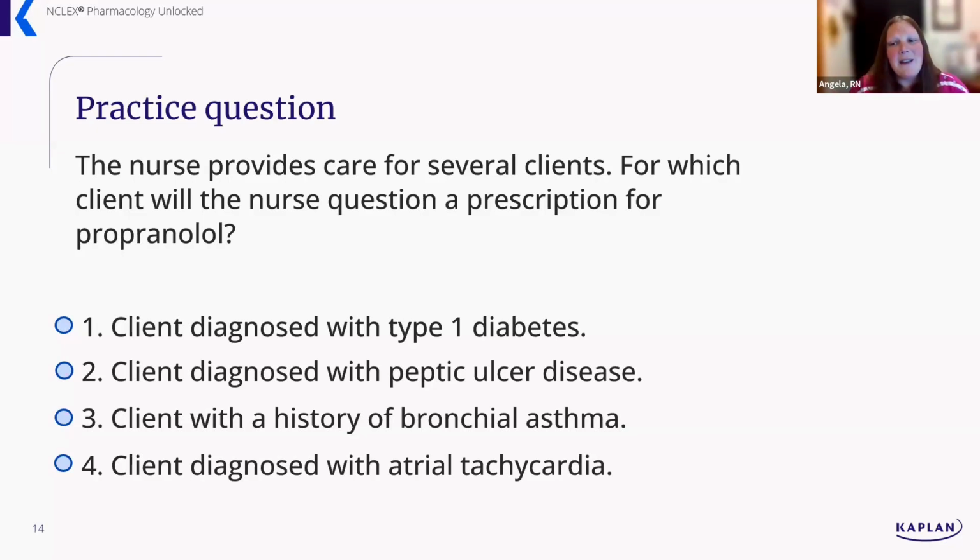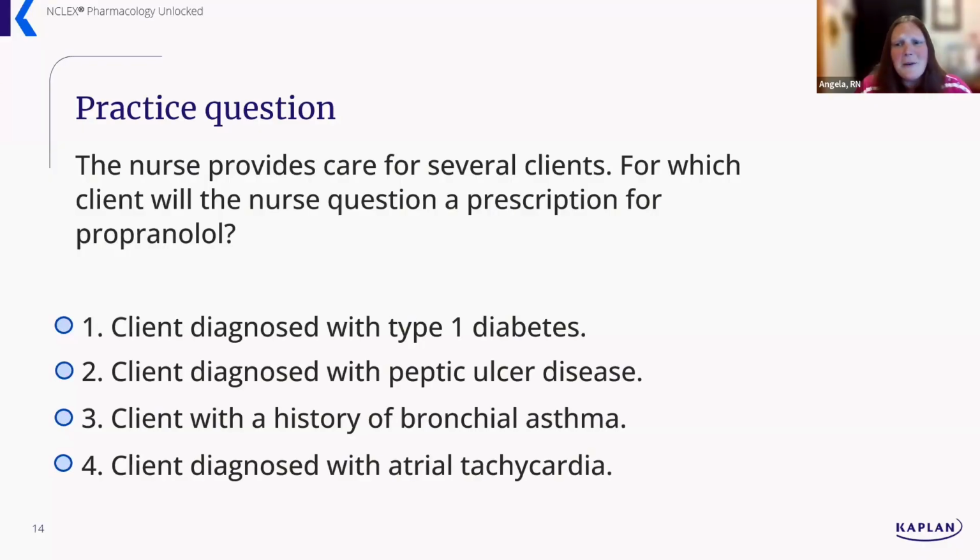You guys did fantastic. So we really confidently eliminated numbers 2 and 4. Let's just, for the sake of discussion, say I need to make some decisions about 1 and 3. We thought maybe this medication could mask symptoms of hypoglycemia, and you're absolutely correct.